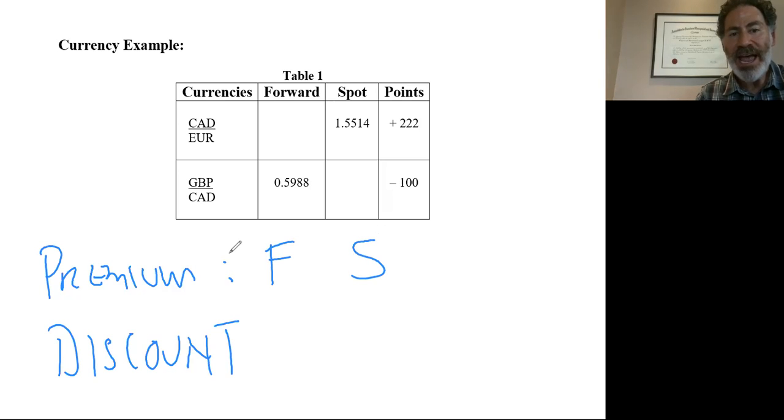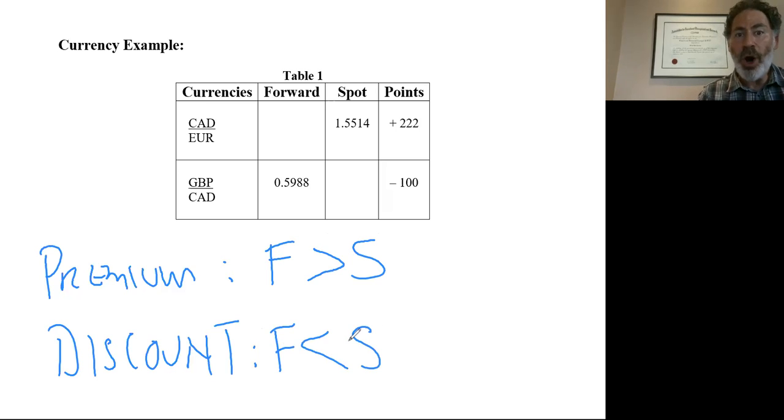And we say that the forward is trading at a premium if it is bigger than the spot. That's it, nice and easy. And we say the forward is trading at a discount if the forward exchange rate is less than the spot. So we may need to calculate that forward and spot and compare the two.